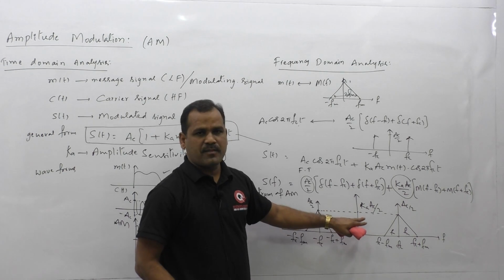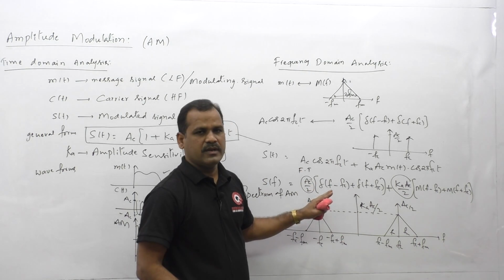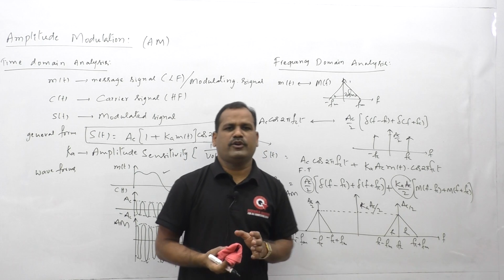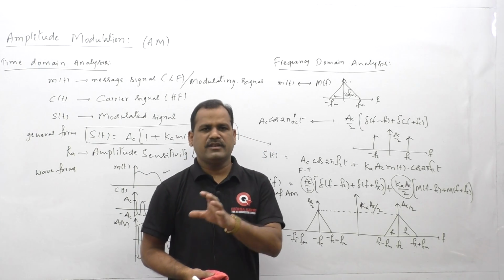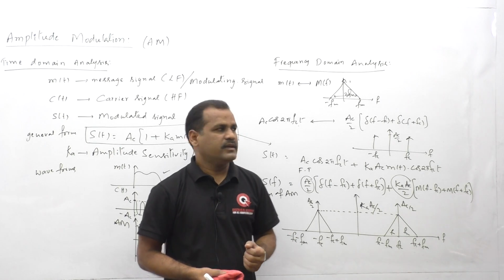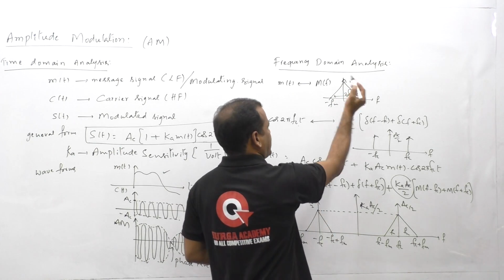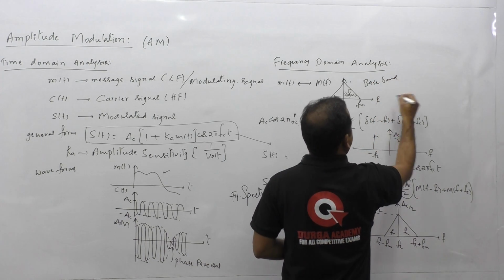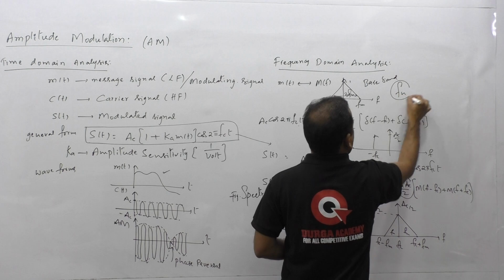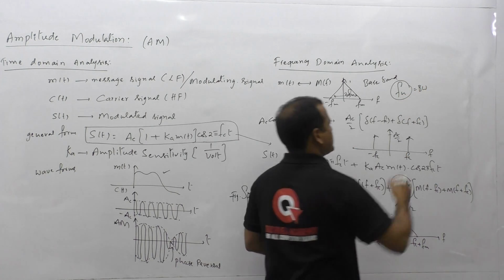So this is the spectrum of this amplitude modulated waveform, and generally for the signal bandwidth, we know that the range of positive frequency components of a signal is taken as the signal bandwidth. That means for a baseband signal, if you consider this kind of low frequency baseband signal, the highest frequency component is nothing but the bandwidth of the signal.